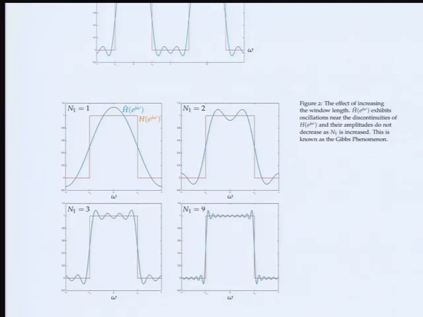So the peak amplitude is always the same, no matter how large N1 is selected. Okay? So we saw this type of thing before. Remember what it was called? Gibbs phenomenon. It's again the Gibbs phenomenon. There the context was a little different, but it really is the same thing. The context there was the Fourier series.